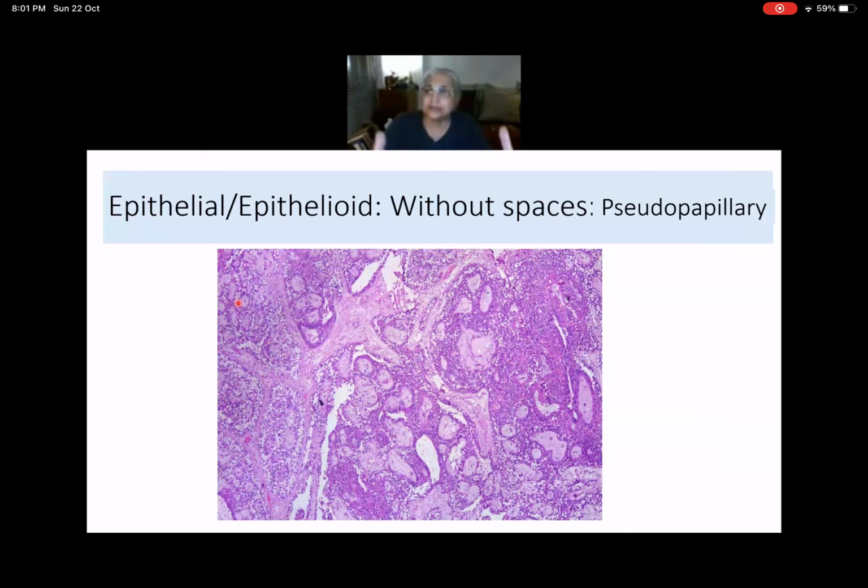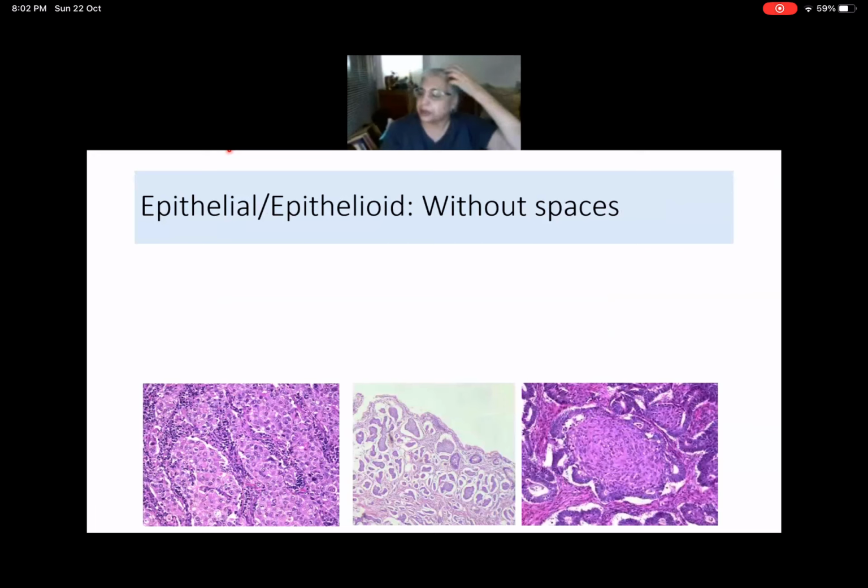We saw that in the pseudocystic, and now we have a pseudopapillary appearance. The mechanism of pseudocystic and pseudopapillary appearances is the same. You get either edema or the falling apart of cells from one another, getting detached, and you get this kind of pseudopapillary appearance.